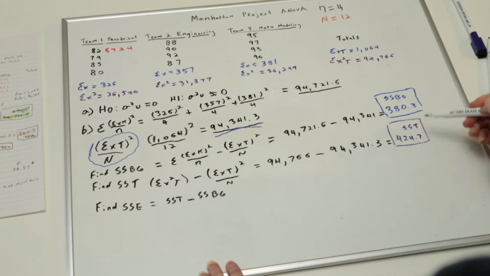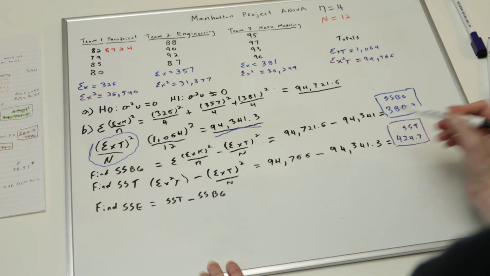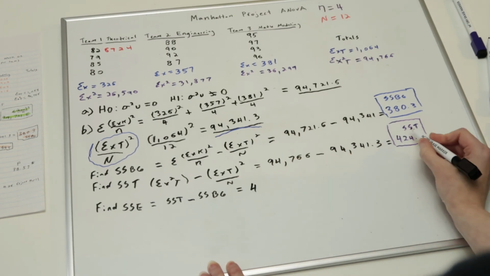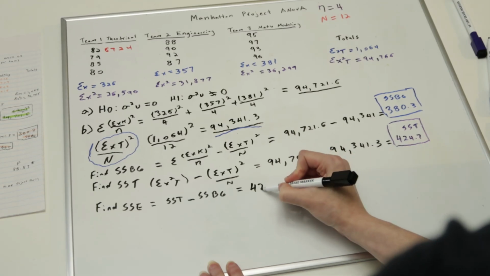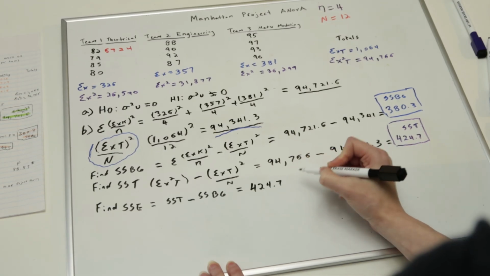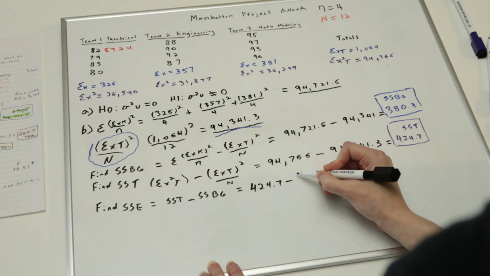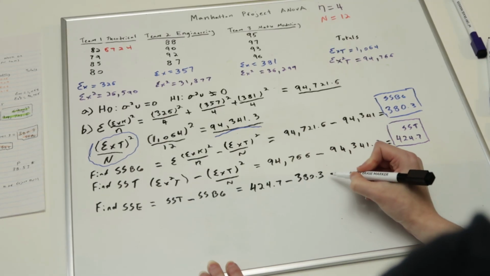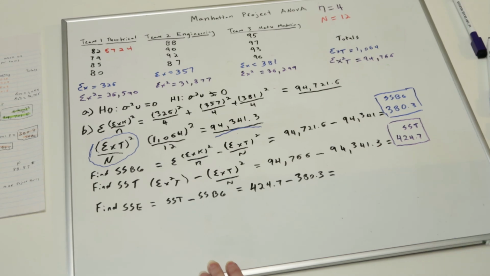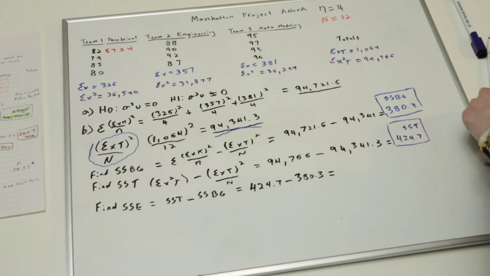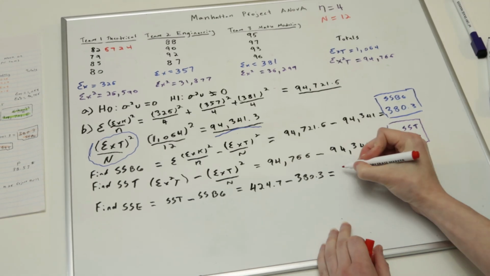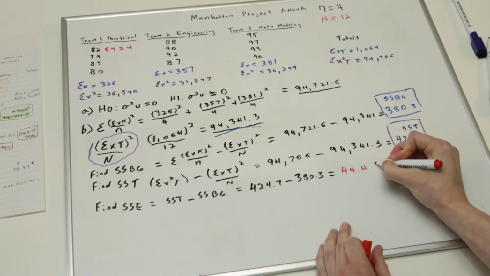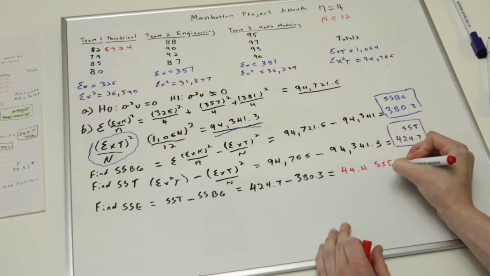So you subtract 424.7 minus 380.3, which is equal to 44.4 for sum of squares error.